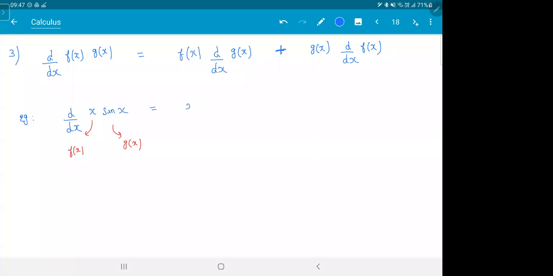So if you substitute here, f of x is sine x and g of x is x. The differential of sine x is cos x. Sine x into dx by dx, this is x power 1, that is 1. So this is your answer. This is called the product rule.